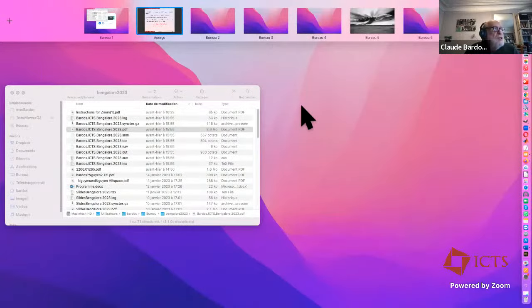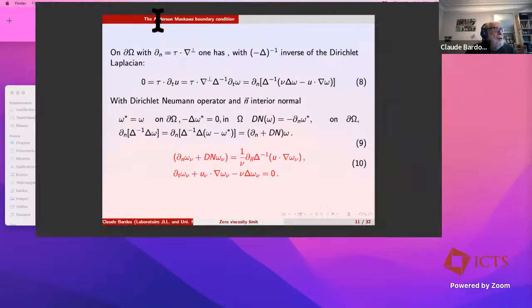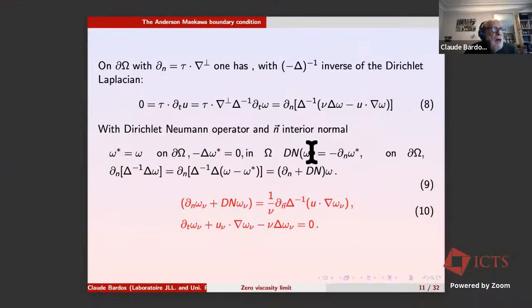Now, why is that gone? Now, if you have the Laplacian inverse of the Laplacian, it looks like that will be the identity.